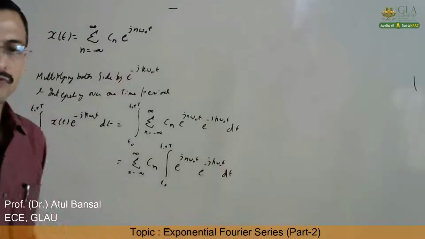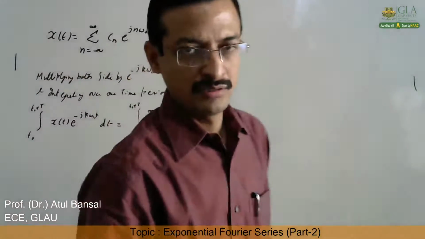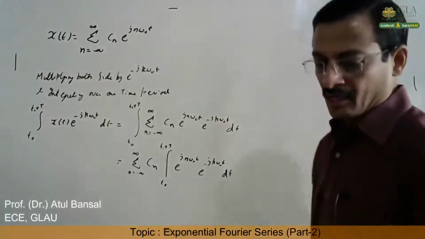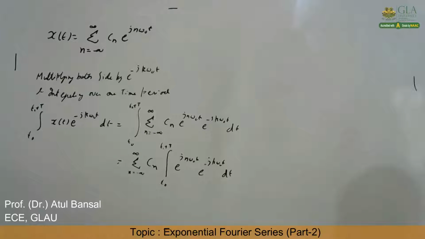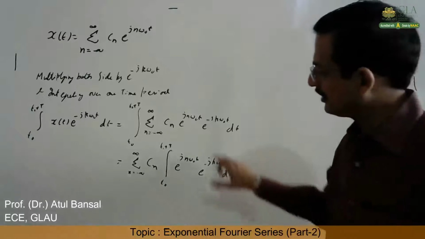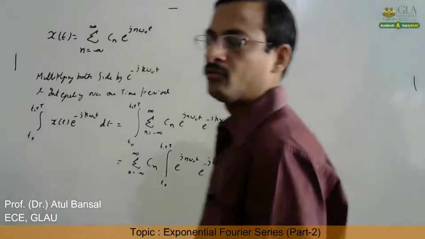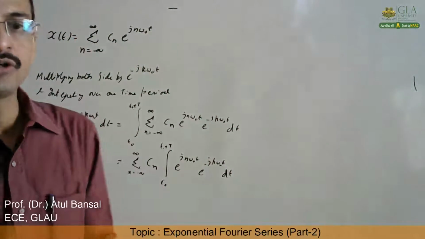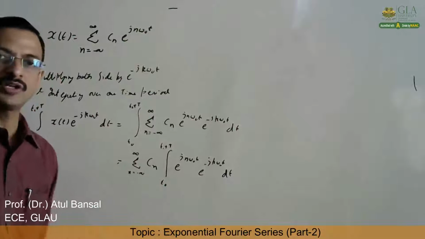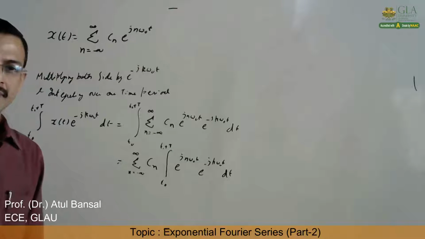Now because this forms a complex exponential, what will this be? This integral would always be 0 for n not equal to k, because this is an orthogonal function, right?